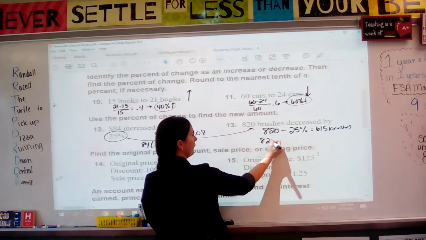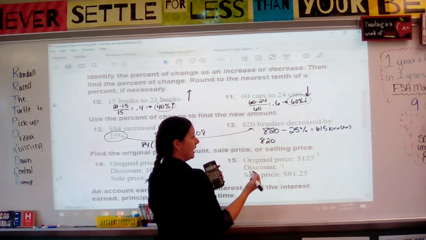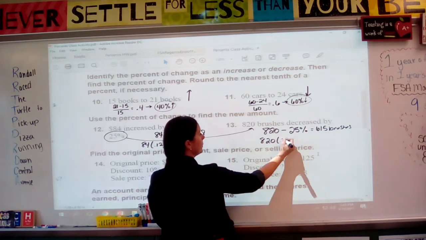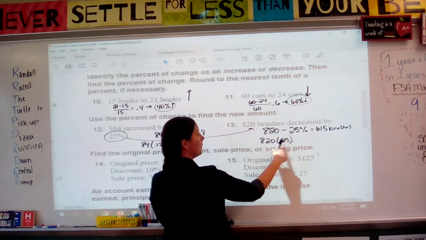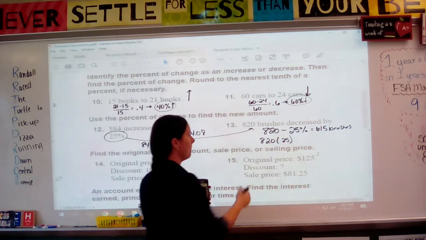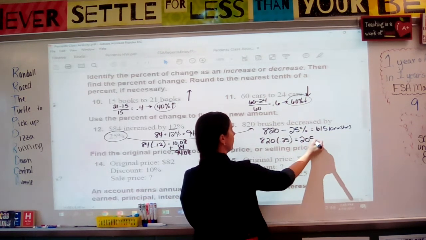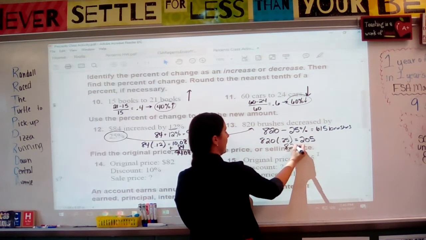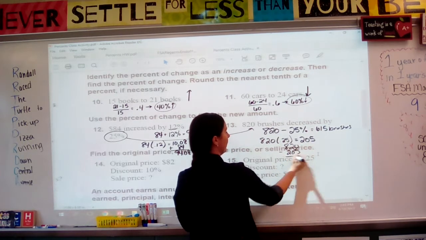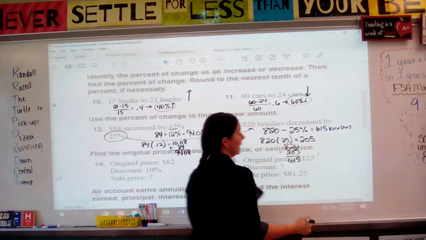Or if you're not using one of these calculators that has the percent sign, you would multiply 820 times 0.25 to get 205, and then you'll subtract 820 minus 205 to get 615.